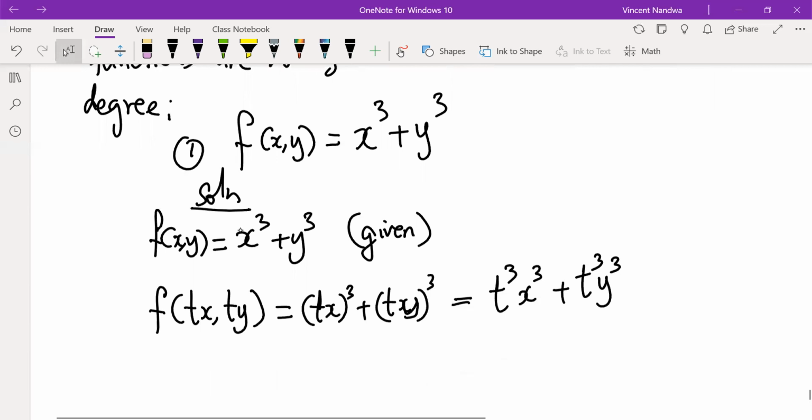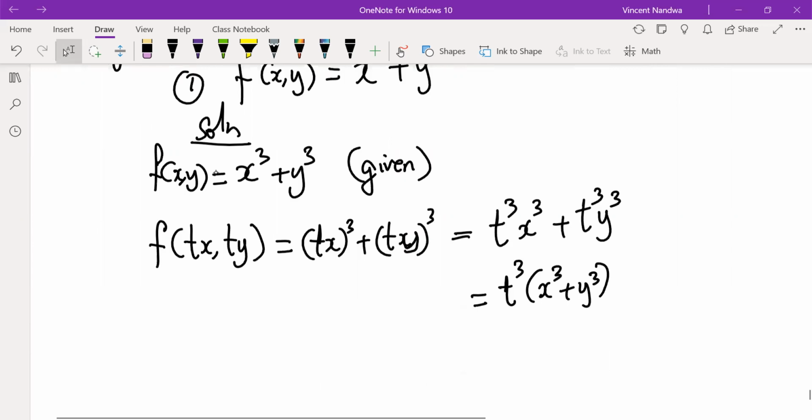And you can always factorize this to t power 3 into x power 3 plus y power 3. And from definition, x power 3 plus y power 3 is a function f of xy.